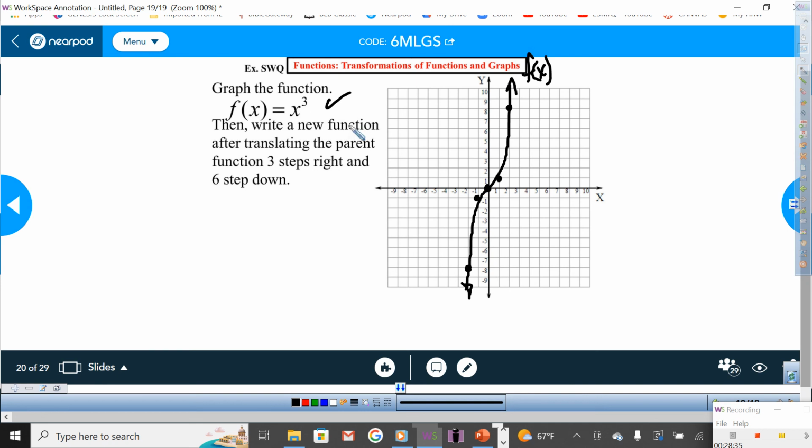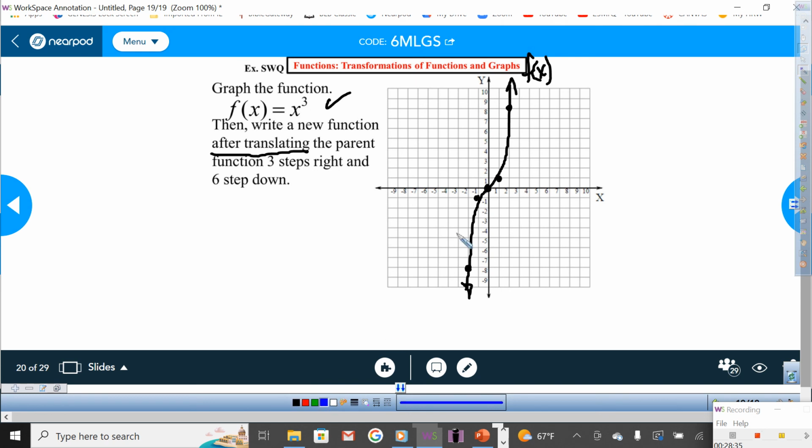What does it say then? Then write a new function after translating. What does that mean, translating? Moving it. Where are we going to move it? 3 steps right, 6 steps down. So, here we go.